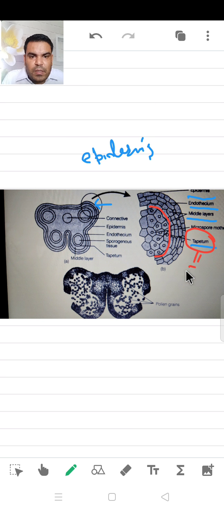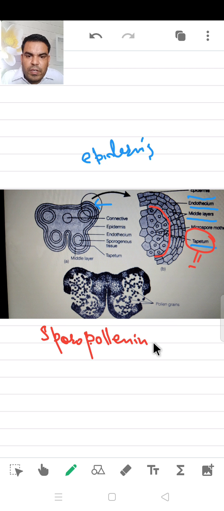The function of tapetum is to provide nourishment to the developing pollen grains. The second important thing is that this tapetum also produces sporopollenin, right?